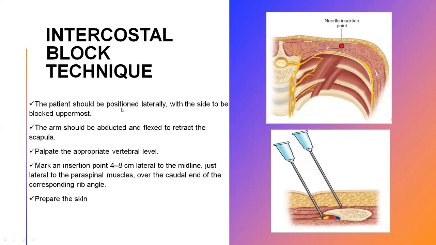Here I will discuss the intercostal block in a sedated patient, because if we give this block before induction, the position of the patient will be variable; before induction the patient can be positioned sitting or prone, but after induction we can position the patient in lateral position with the side to be blocked uppermost.